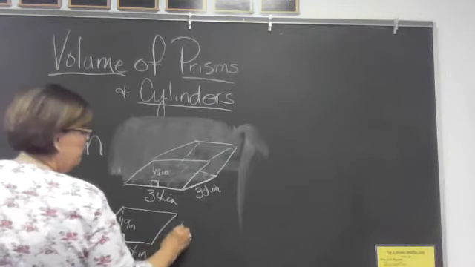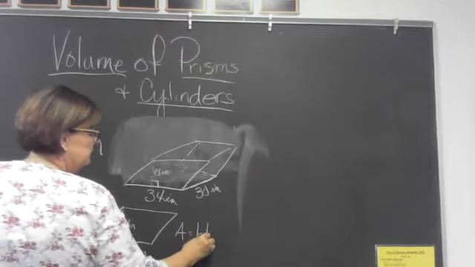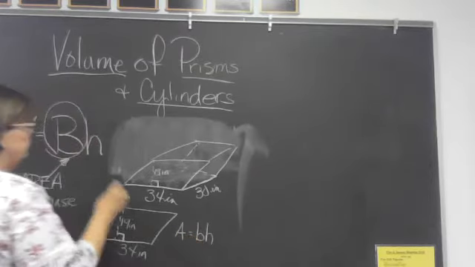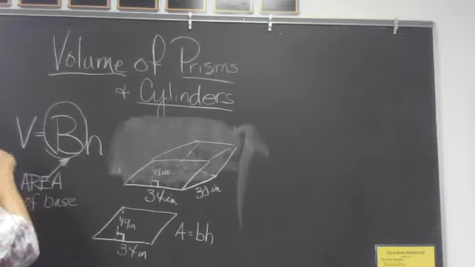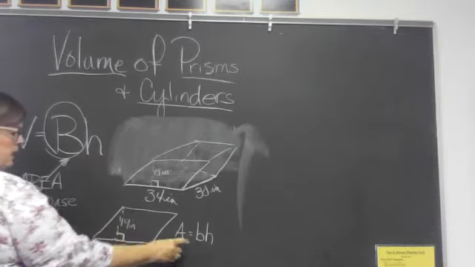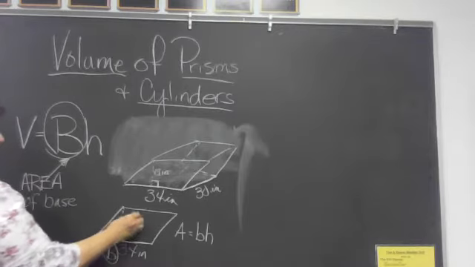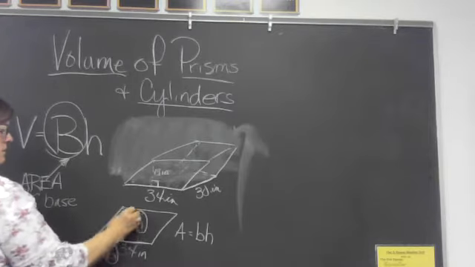So to find the area of the base, don't get the small b confused with the large B. We're just finding a two-dimensional shape right here. And so the base is here, just a line. And the height has to be perpendicular to the base.